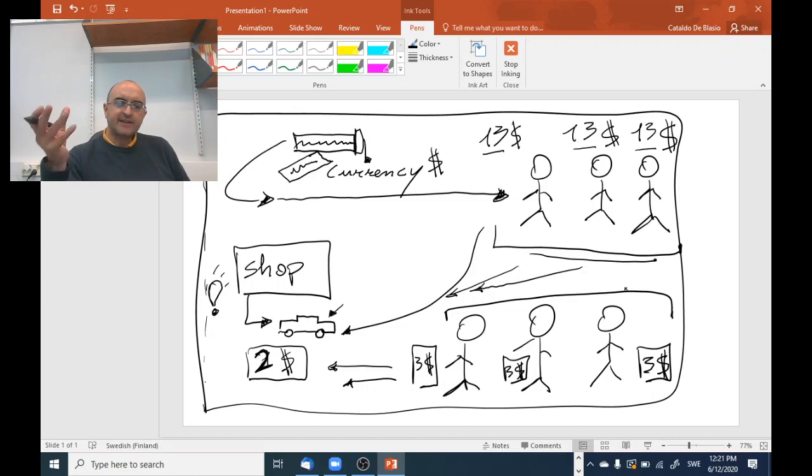But there is a difference when the currency is given unequally, when there is an unequal distribution of currency. This could affect the price of some goods, but also the price of everything.